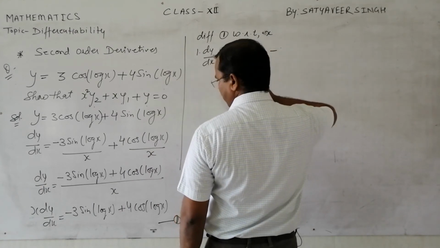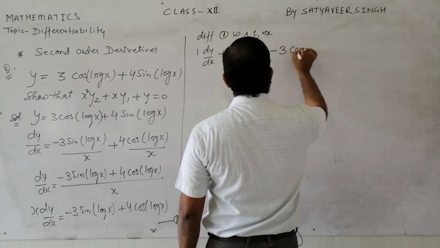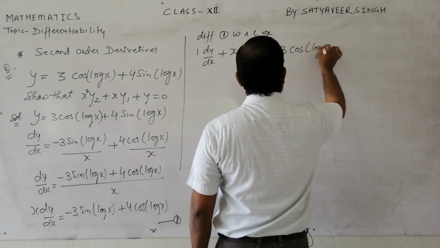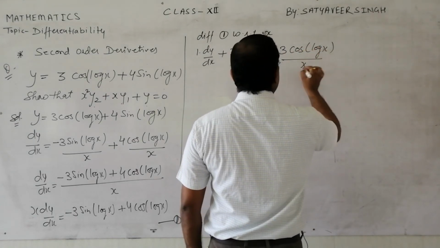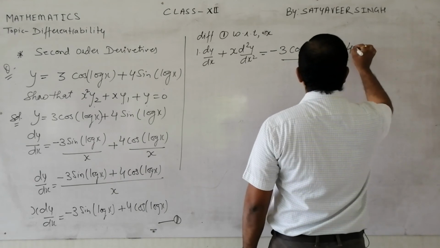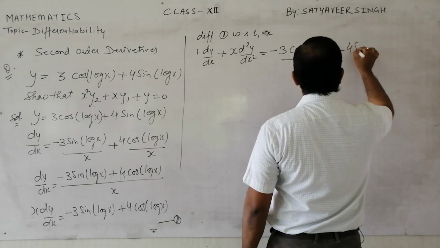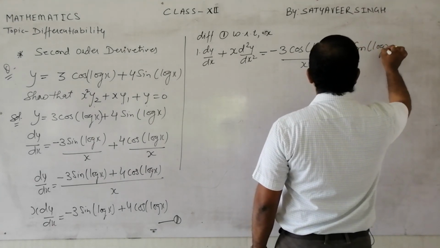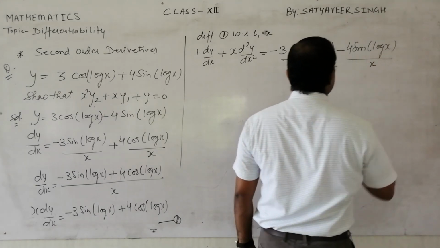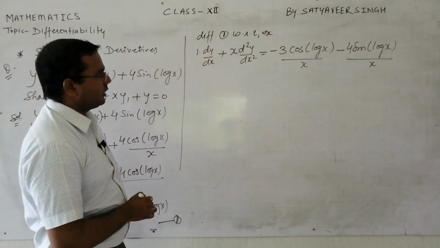Now the right hand side again you will differentiate. You can write minus 3 cos log x upon x minus 4 sin log x upon x. I hope it is clear.